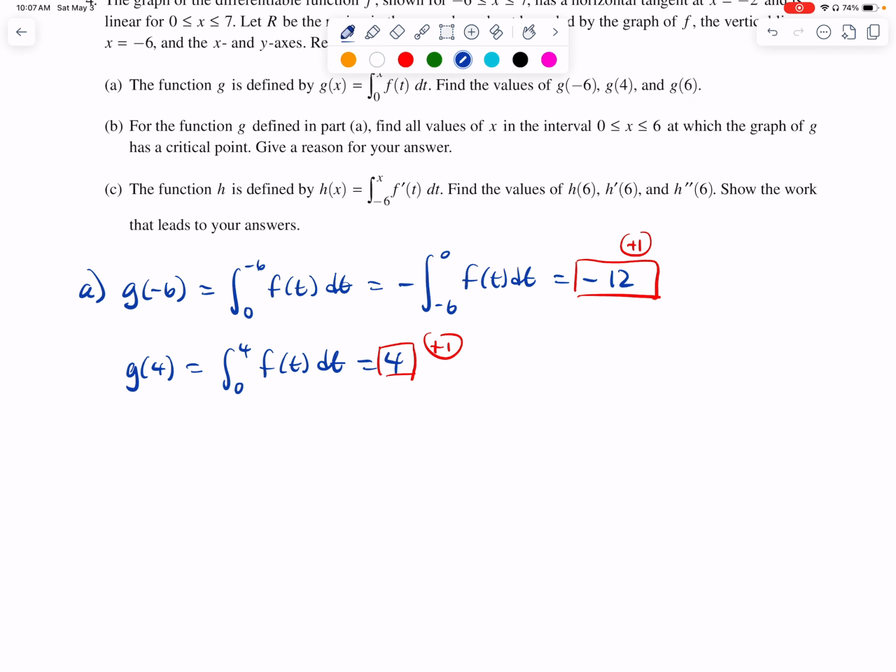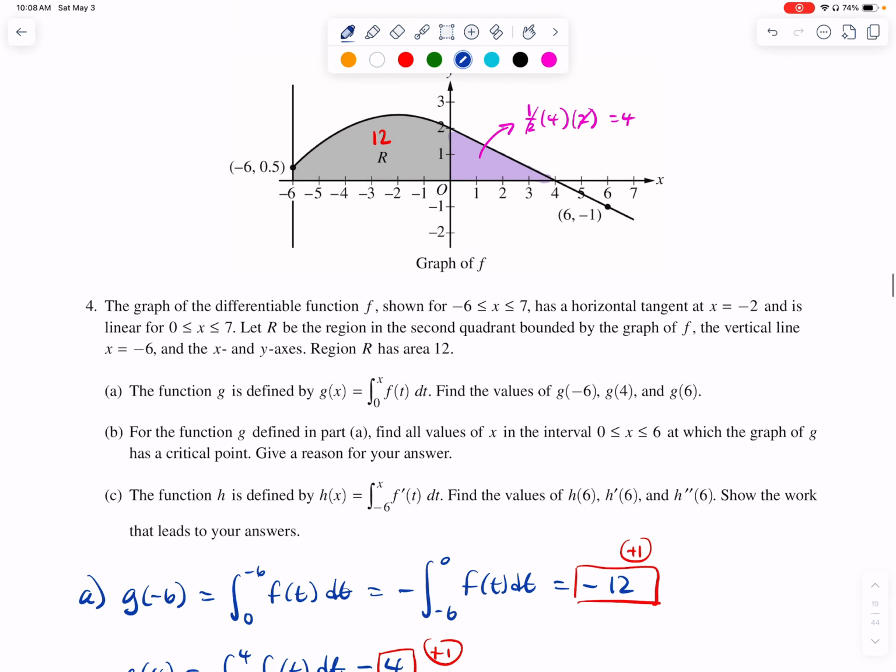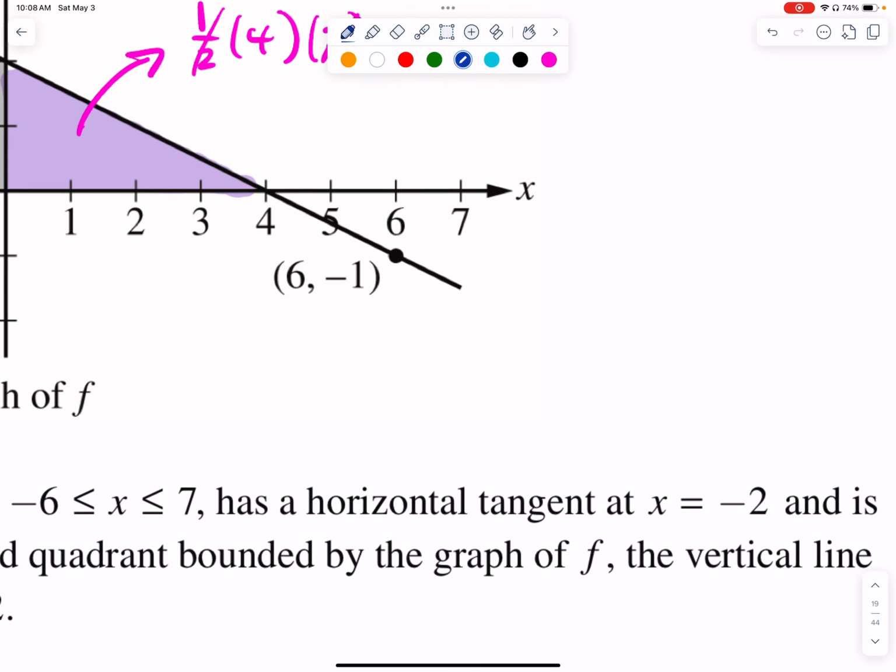And let's see, g of, last one here, 6. G of 6, one last guy, 0 to 6, f of t dt. Well, I can start with the first part of this, which is 4, because that's going to go from 0 to 4, so I'll start with that one. So this is 4 plus the integral from 4 to 6, f of t dt. And let's see what that area is. So this one is underneath the curve.